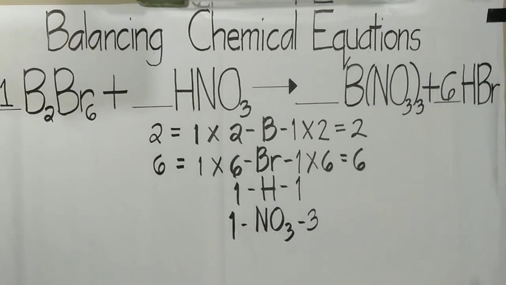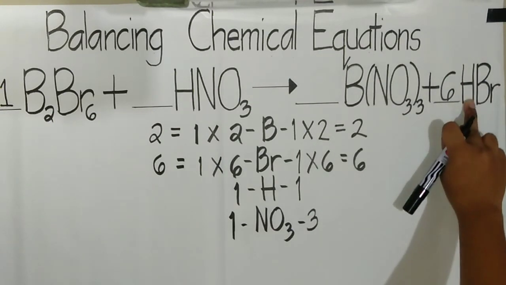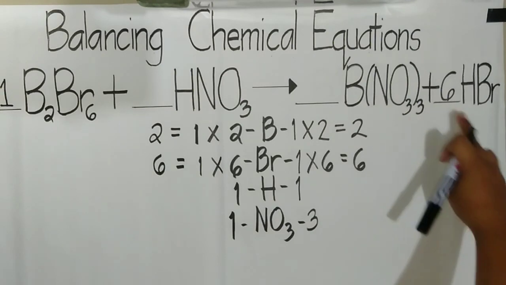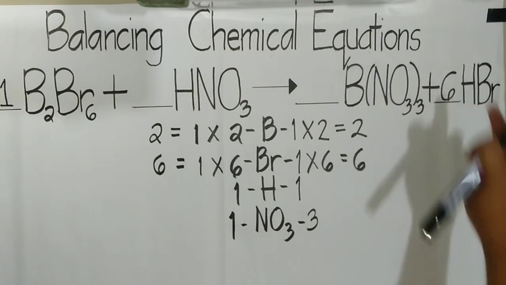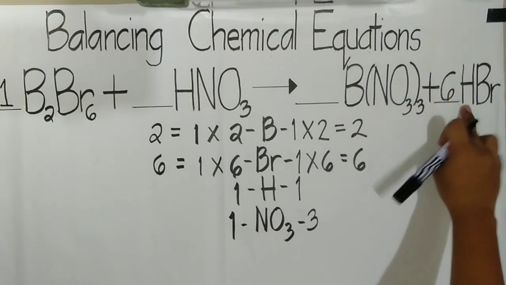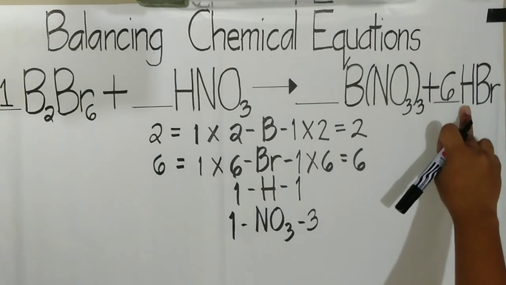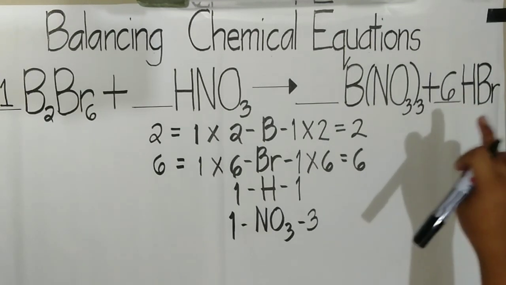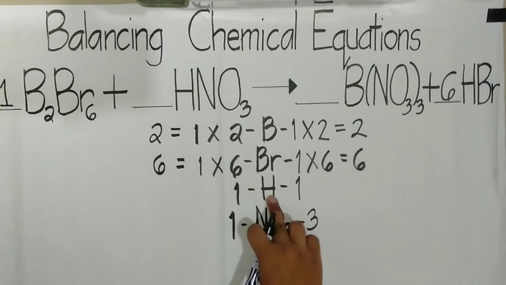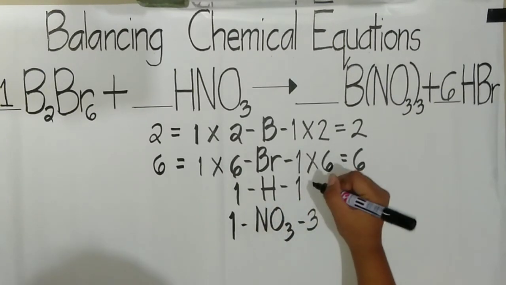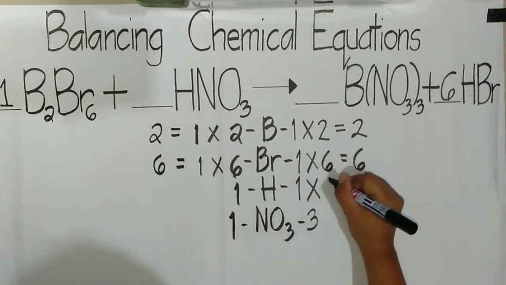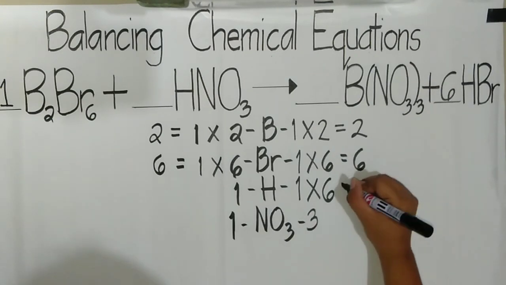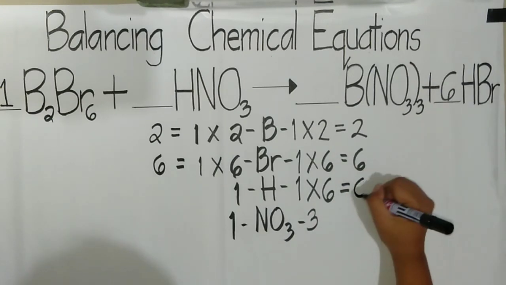So, what we did on the hydrogen bromide is we already have its coefficient 6. What we have multiplied in bromine, we are also going to multiply in hydrogen. So, this would be 1 times 6 is equal to 6.